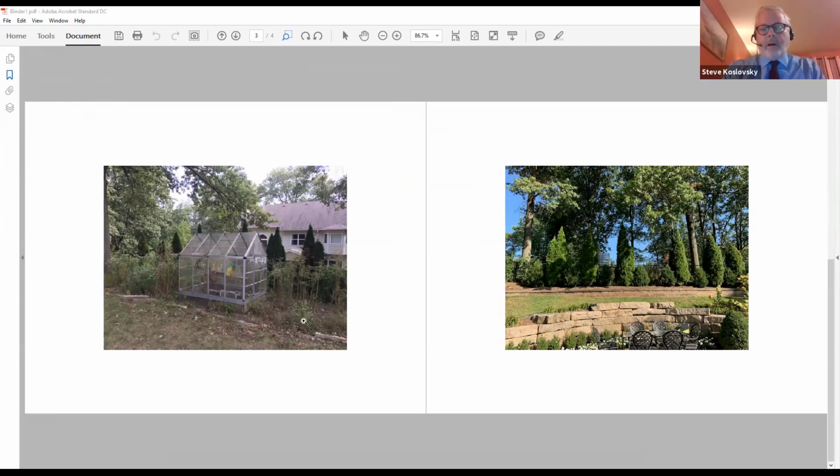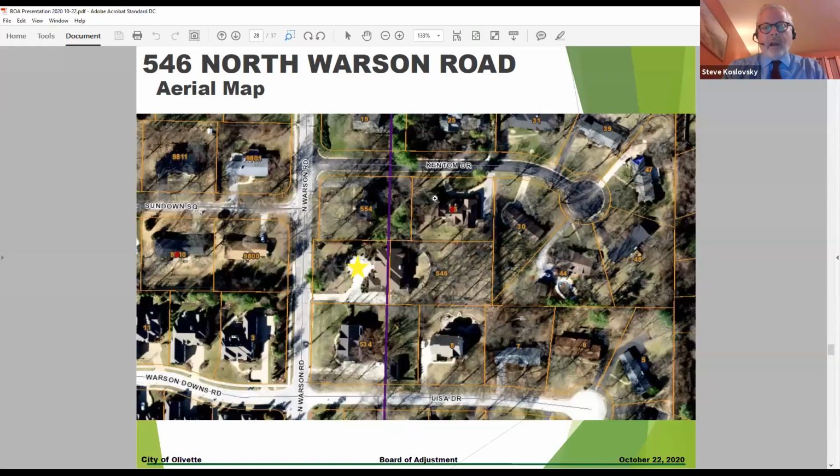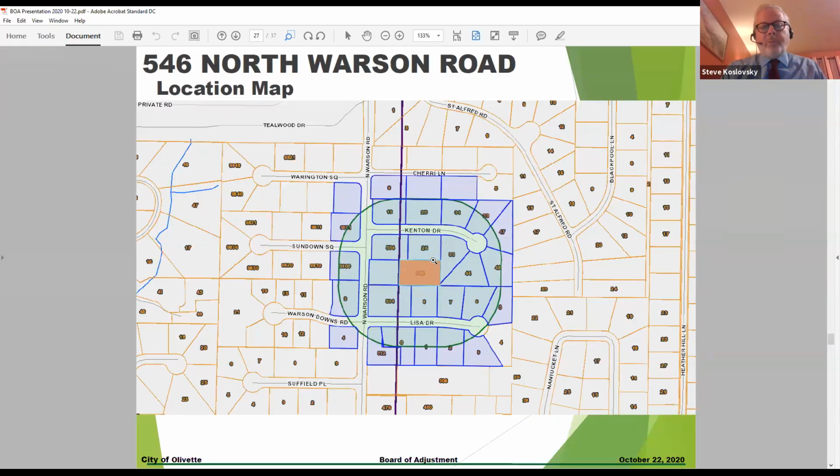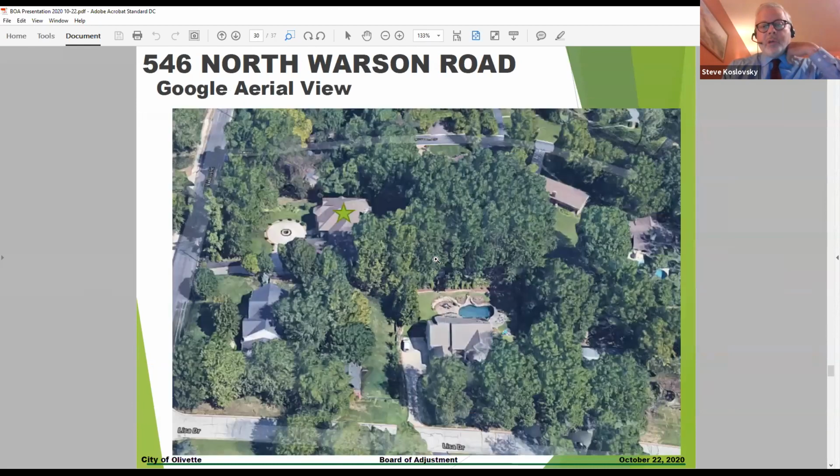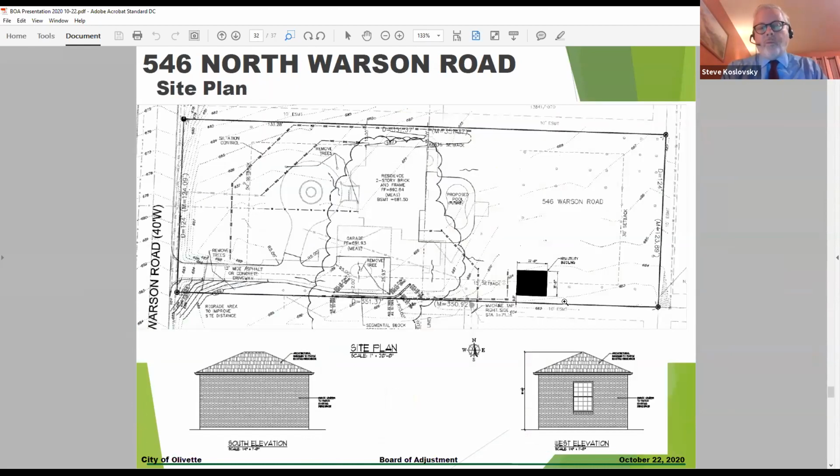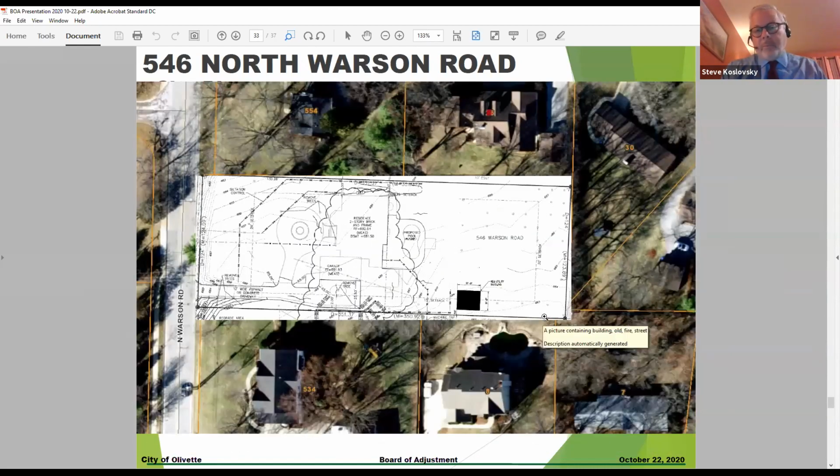Well, the alternative, everything that we're proposing about the building is permissible with the exception of the setback. So the alternative would be to move it outside of the 15-foot setback.